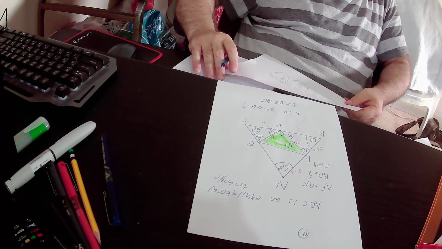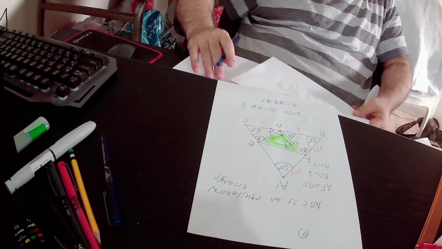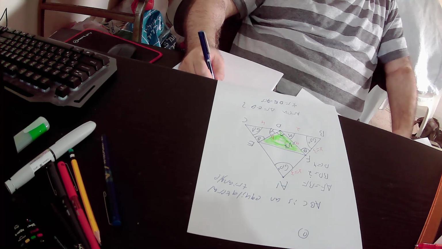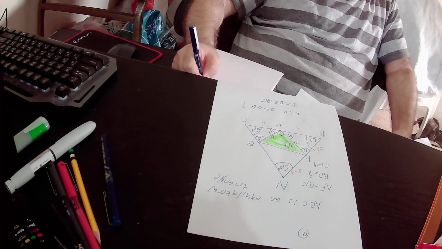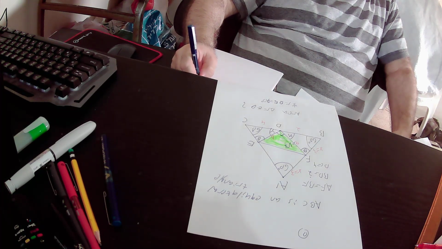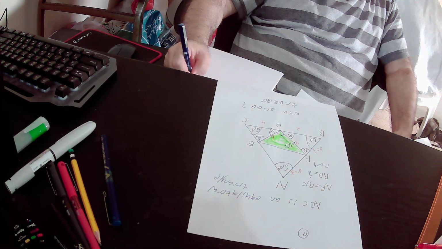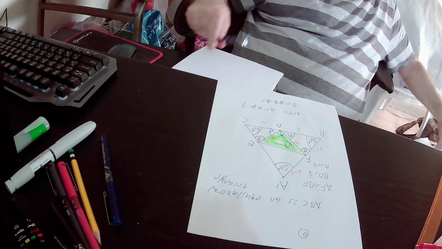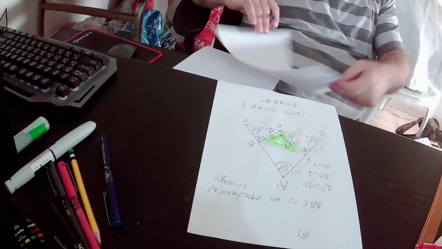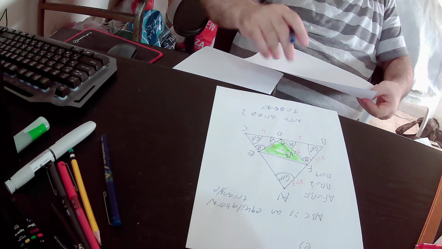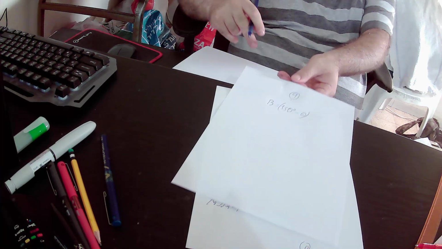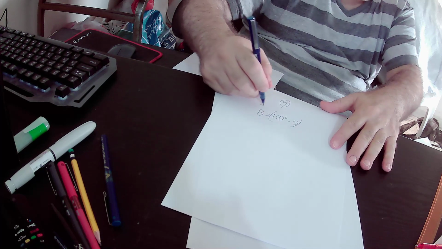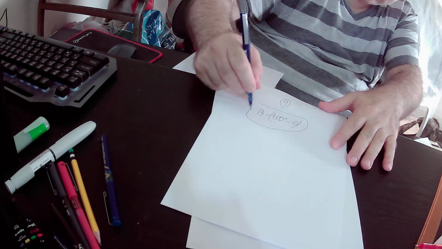Actually, we have already found out, by solving the three equations, that beta equals 150 degrees minus theta.